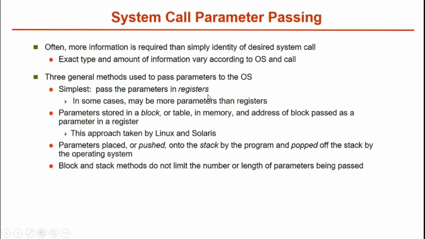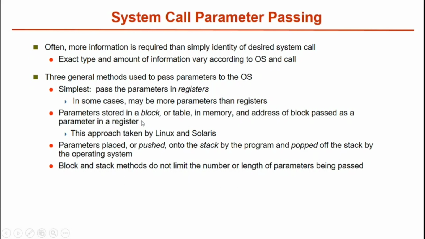You have studied how to pass a parameter to the register in the microprocessor. So usually we pass parameters through the registers. In some cases, there may be more parameters than registers.